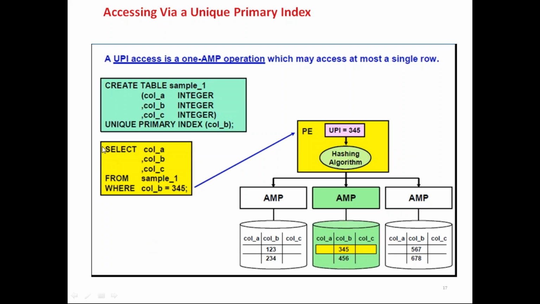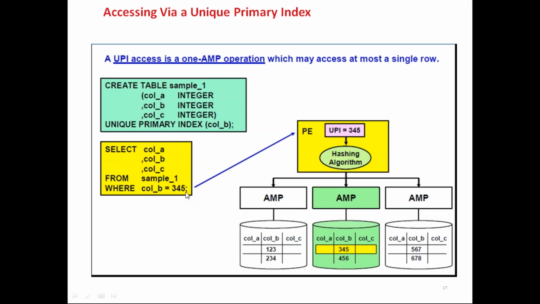Now we are trying to retrieve the data from the table. Select columns from the table, and I'm using a where clause in my retrieval, using my primary index in the equality condition, where column B equals 345. So while retrieving, I'm trying to retrieve the row with primary index value 345.